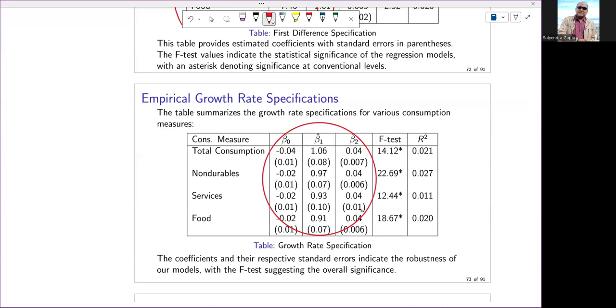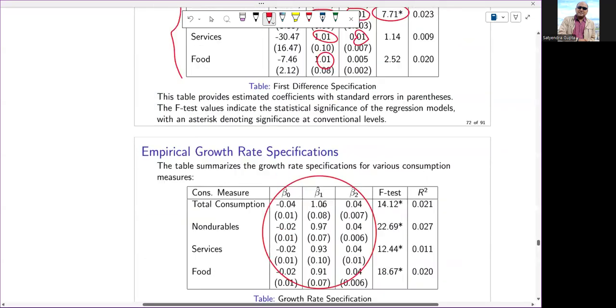So depending on the model and also the specification, whether it's the growth form or just the change of the consumption, we might find different results, but largely it satisfies that beta 1 is equal to 1 and significant. That means the change in the aggregate consumption affects the change in the consumption of individuals as well.